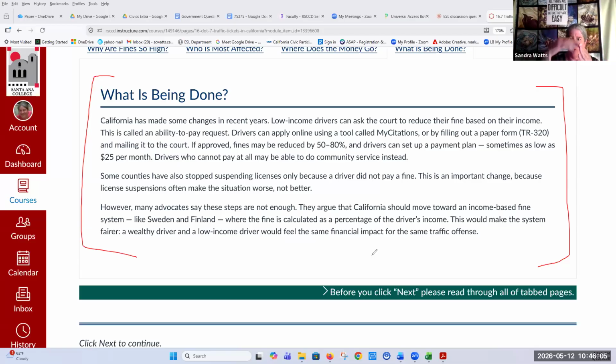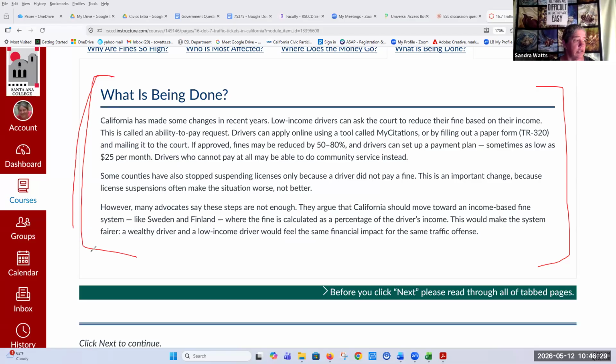And they would erase the fine. It would still go on your record, obviously, but they would either reduce the fine a lot or forgive it so you didn't have to pay. That ended in 2017. So we haven't had anything in almost 10 years except this.